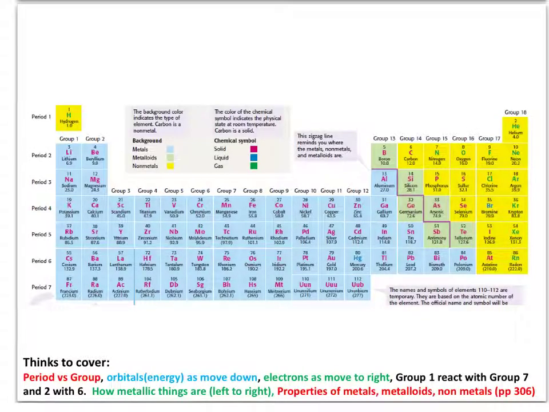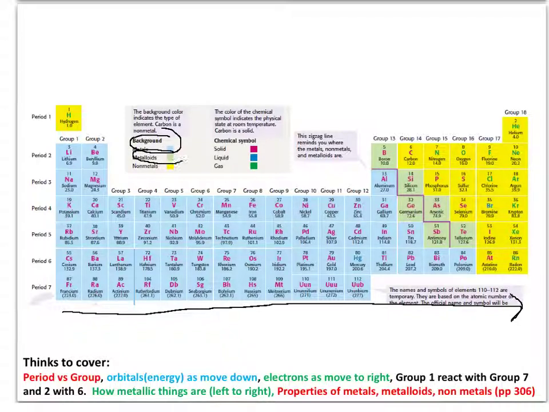Well, let's talk about the metals, metalloids and nonmetals, and we can actually see a pattern as you move from left to right on the periodic table with that, and it's a pretty easy pattern to see. You'll notice that blues are the metals. Metalloids have characteristics in between metals and nonmetals, and nonmetals are all the way on the right. It turns out as you move left to right, these items over here are very metallic in nature.